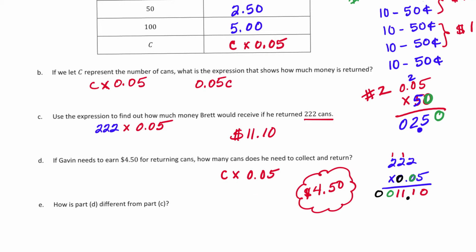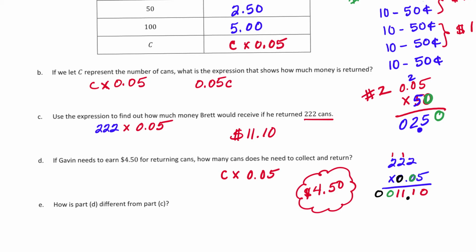But you can use your table to figure out what your answer should look like, right? Because $4.50 is very close to $5. So if 100 is $5, you get an idea of how close your number should be to 100. Maybe not over 100, because then you're gonna go over $5, right?